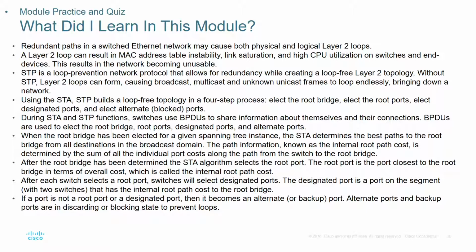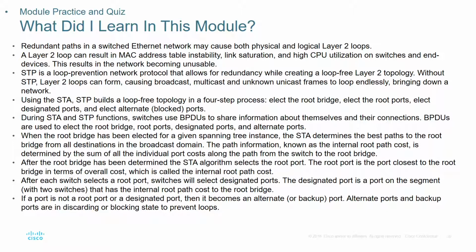Spanning tree protocol is essentially a loop prevention network protocol that allows for redundancy while creating a loop-free layer 2 topology. Without the spanning tree protocol, layer 2 loops can form, causing broadcast, multicast, and unknown unicast frames to loop endlessly, bringing down a network. Using the spanning tree algorithm, spanning tree protocol builds a loop-free topology in a 4-step process: electing the root bridge, electing the root ports, electing designated ports, and electing alternate or blocked ports.